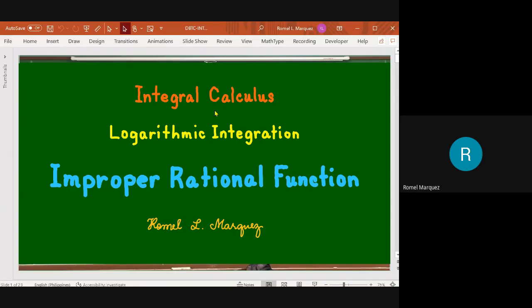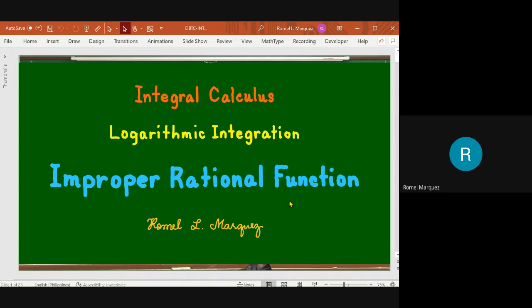Okay now, guys. Do you see the board again? Yes, sir. We're going to discuss today logarithmic integration and in particular improper rational functions.